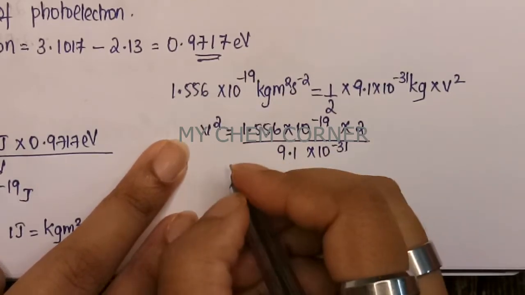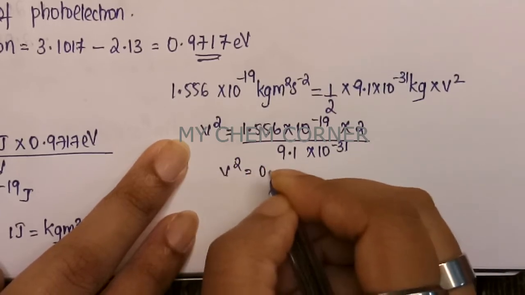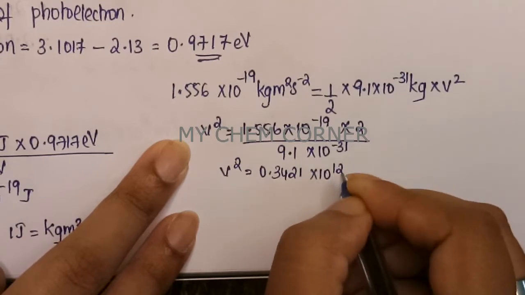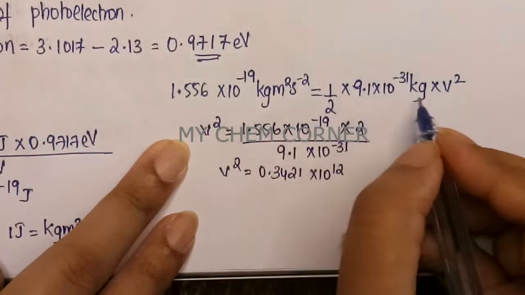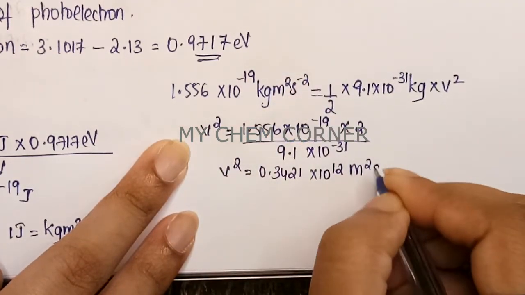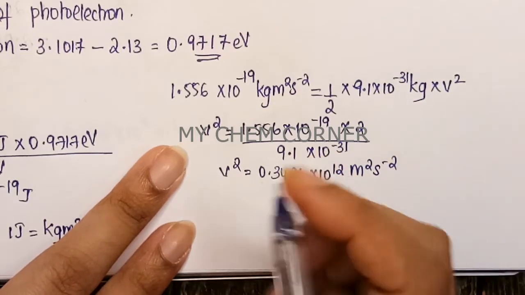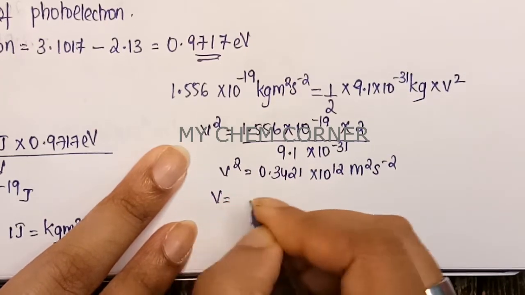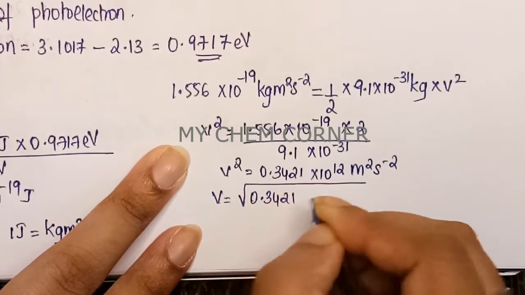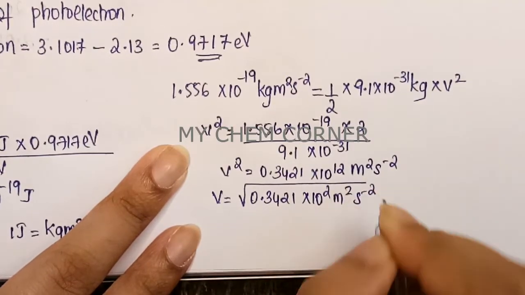So here we are going to find v square, which is equal to 0.3421 into 10 to the power 12. Out of these two values, kg and kg will get cancelled. What you're left with is meter square seconds to the power minus 2. Now v square is given. We need to find out what is v. So v is equal to root of 0.3421 into 10 to the power 12 meter square seconds minus 2.